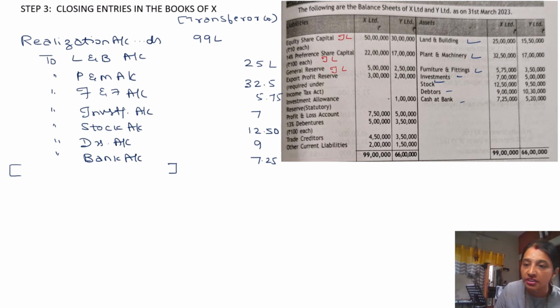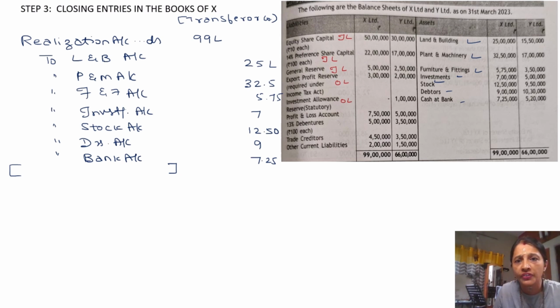Since it is a statutory reserve, we will be transferring it to the new company. So we will treat it as an outside liability and give treatment as an outside liability. And similarly, investment allowance reserve is not there for X Limited, but when we are doing for Y Limited, you will have to take investment allowance reserve, which is again one more statutory reserve. Statutory reserve is a reserve which is required to be maintained by companies as per statute, as per law. Compulsorily they have to maintain.